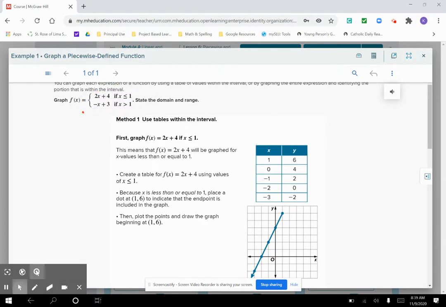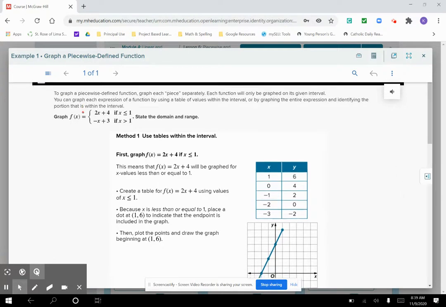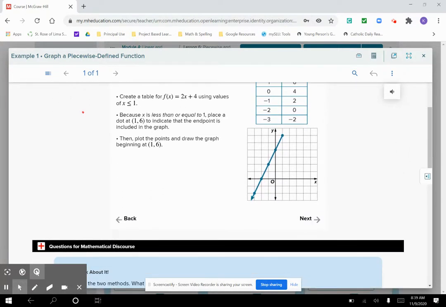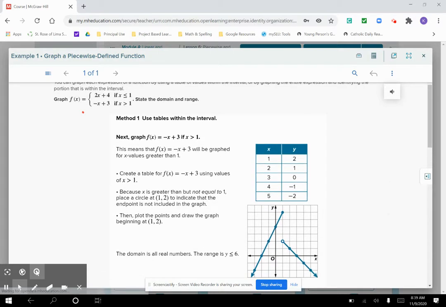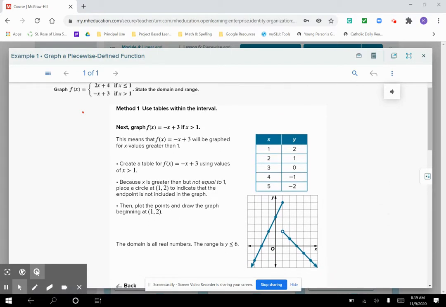So you can imagine that if you graphed the other equation, which is -x plus 3, and x is greater than 1, you're going to create another table, then you're going to create another graph, and then because x is greater than but not equal to 1, you're going to place a circle at 1 and 2 to indicate that the endpoint is not included in the graph.